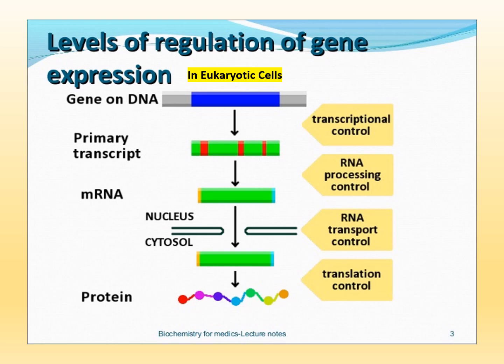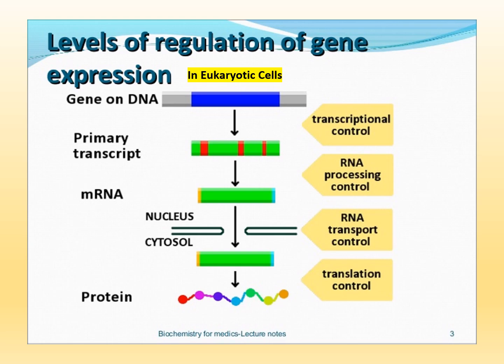And so we have some control there. Then we also have to transport that mRNA out of the nucleus and into the cytosol. So during that mRNA transport, we have some control there as well. And then once we're out in the cytosol or cytoplasm, we're going to translate that mRNA into protein, right? So now we have translation control as well.